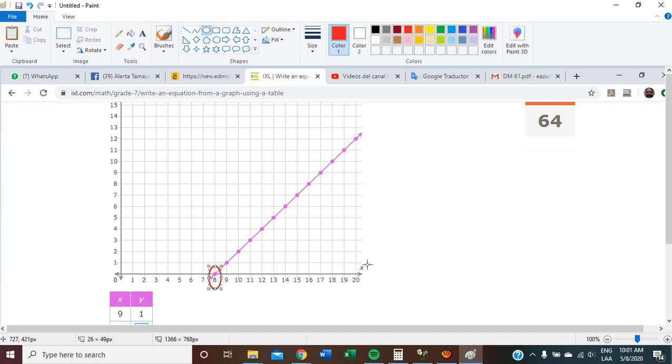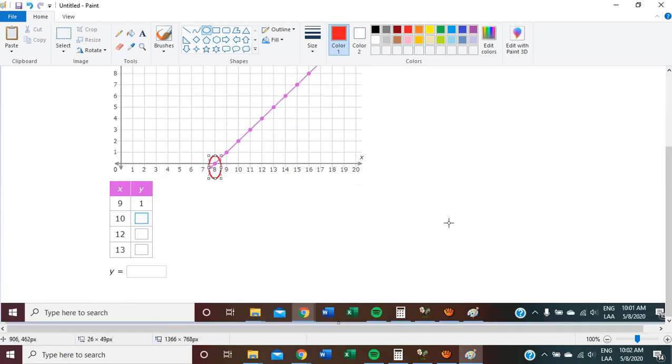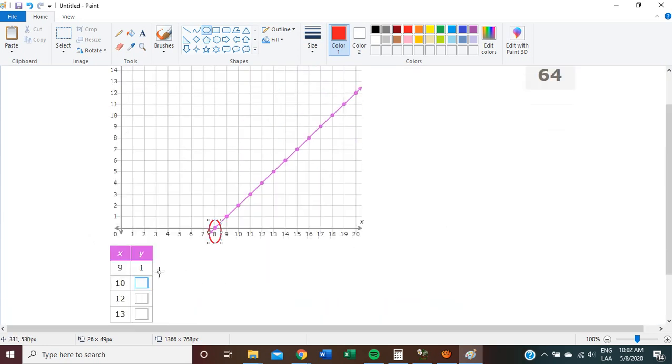Okay, the number 8. So because it starts here, we're going to subtract. If it started over here, we need to add. Okay, so we need to subtract always this number, the number 8.